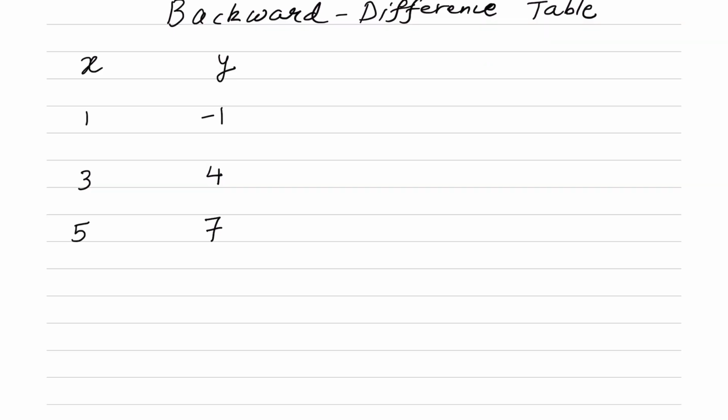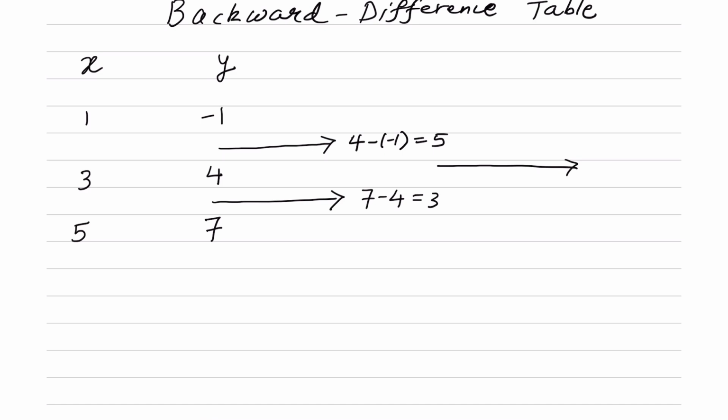Let's construct the table. First we will calculate the differences. Arrow between minus 1 and 4: 4 minus minus 1 gives us 5. Arrow between 4 and 7: 7 minus 4 gives us 3. Arrow between 5 and 3: 3 minus 5 is minus 2. So we have calculated the differences.